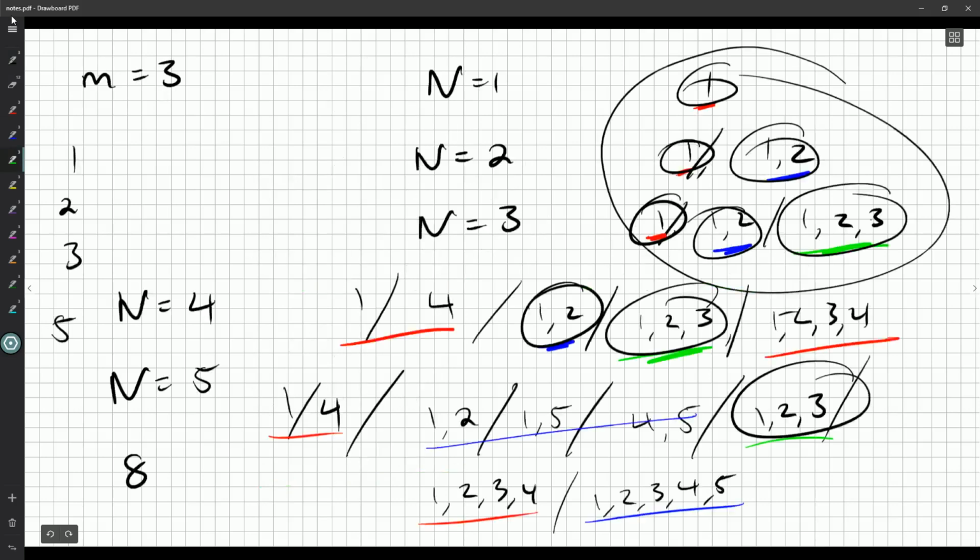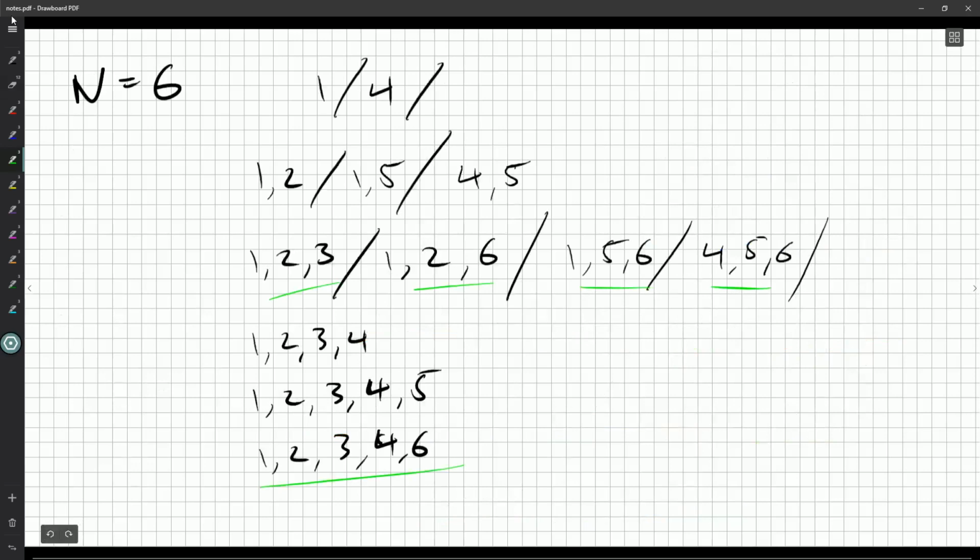So the green went from 1, 1, 1. Now it's jumped up to 5. The blues are 1, 1, 1, and another 1, 1, 1. 2, 4, 6, 8, 10, 12 of them.